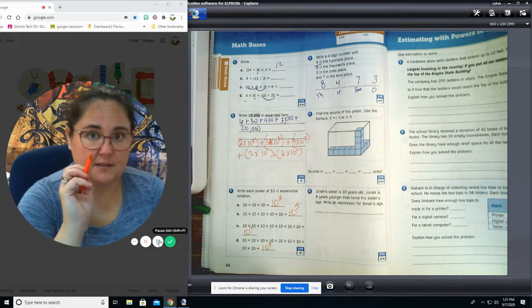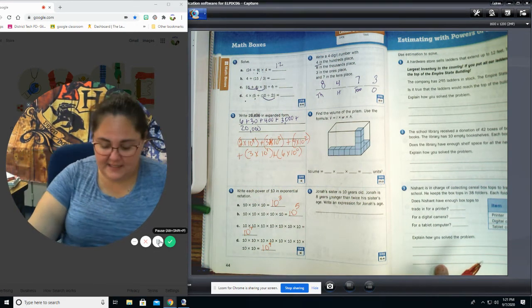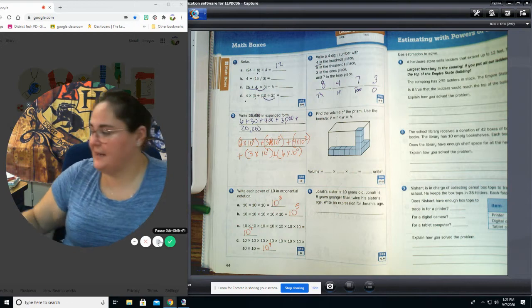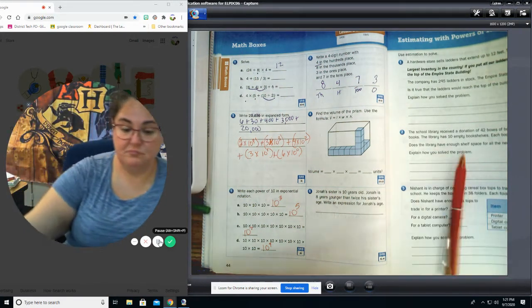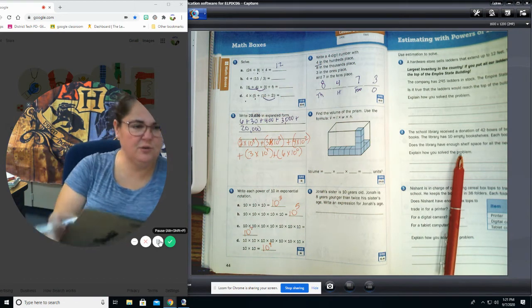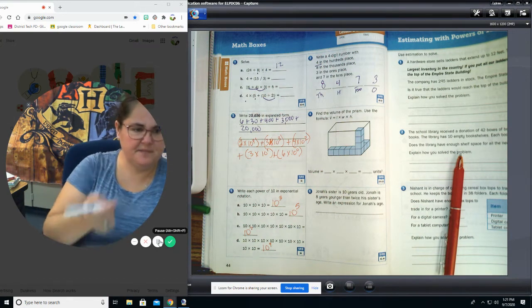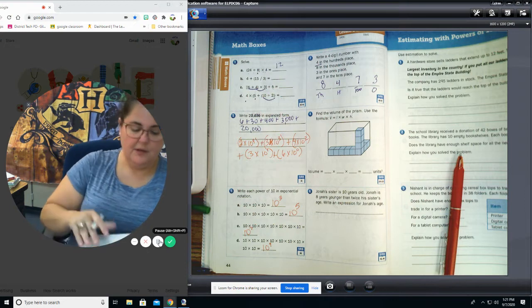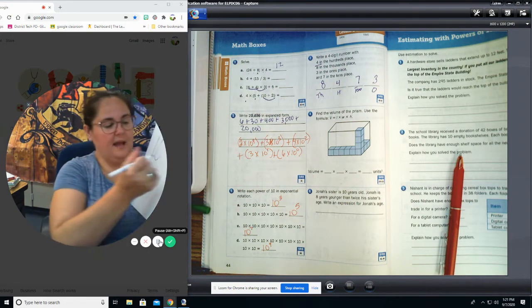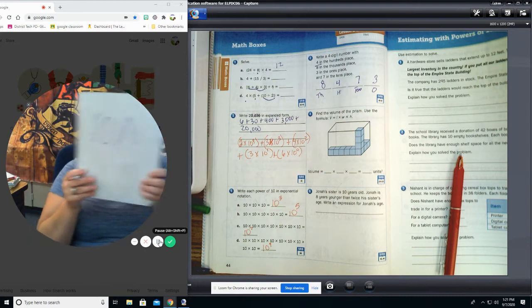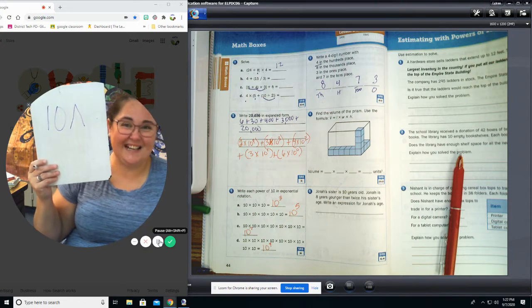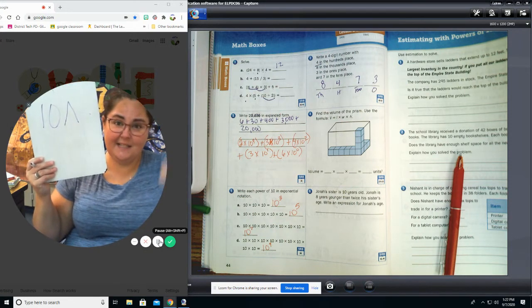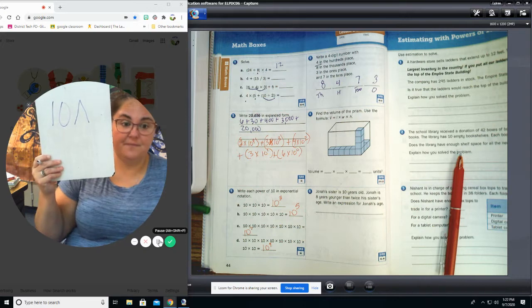Now, when you're writing the exponents, the way you write the exponents in the computer is very different. What you're going to write is you're going to actually write it like this. Let's do 10 to the 5th. You're going to write the 10, and then you're going to write a caret. So a caret is like the little arrow that points up. If you're looking at your keyboard, it is actually right above the 6. So you hit Shift 6 in order to get that symbol.